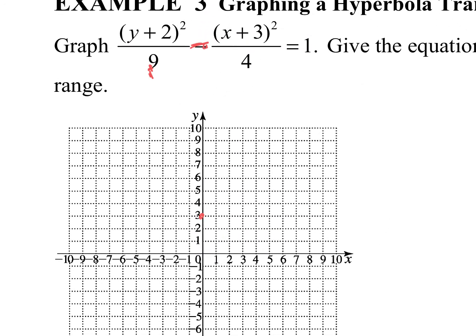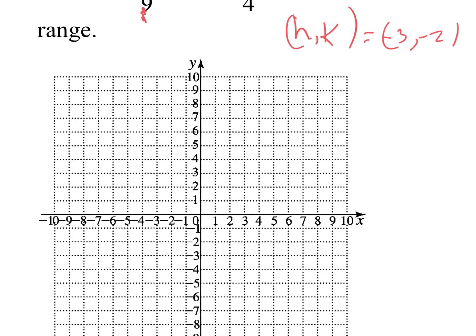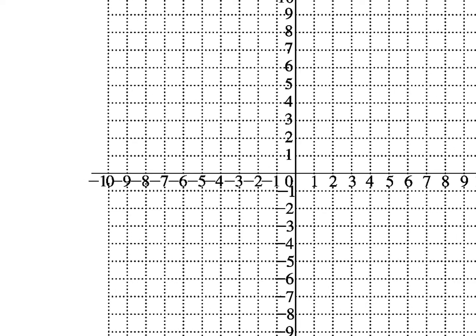My center, sorry, H, K is negative 3 and negative 2. Opposite, opposite. H stays with the x. So before I draw that point right there, which was just me getting ahead of myself and getting excited, is find that center. Negative 3, negative 2.